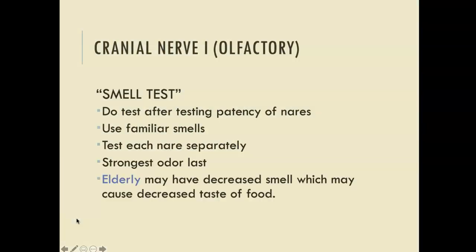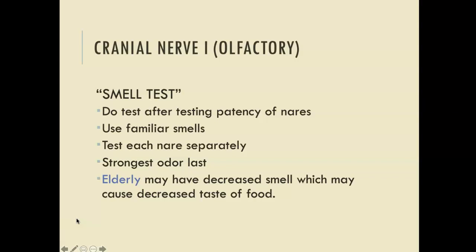And then we would check the cranial nerve number 1, which is the olfactory nerve. You're basically going to repeat that process, but you're going to use a smell, and you're going to have your client close their eyes. After we check the patency, use 2 different familiar smells.